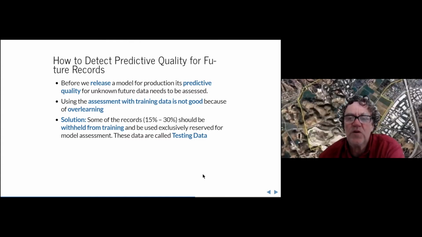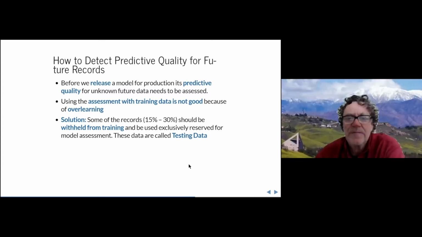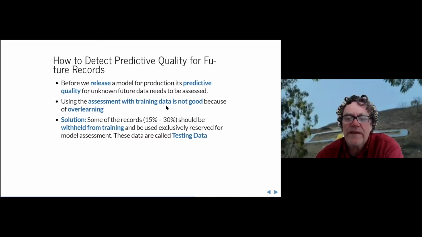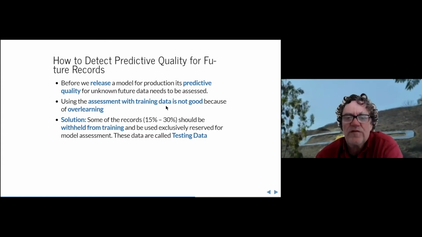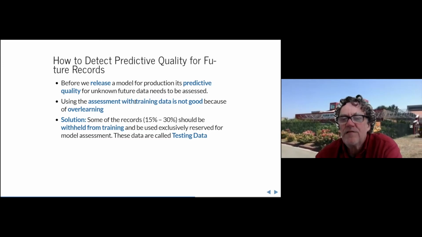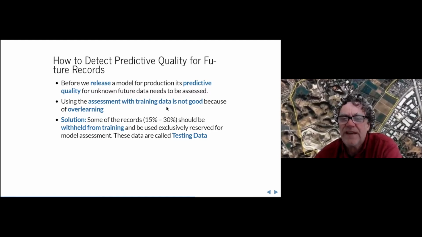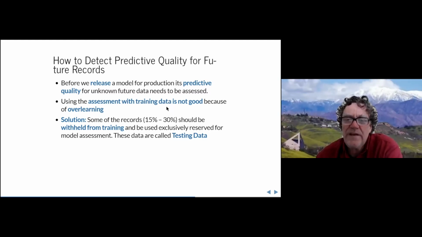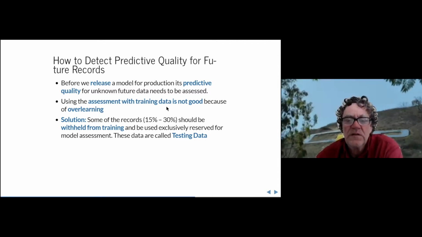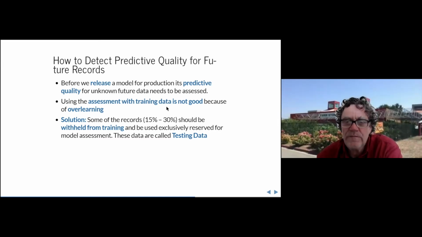Because we do not know the future data at this point. The trick is, from our training data, and of course, normally we have more than 25, let's say we have a few thousand, we take some of the data randomly away, somewhere about 15 to 30% of the data. We take them away, we withhold them, and we do not use them for training.